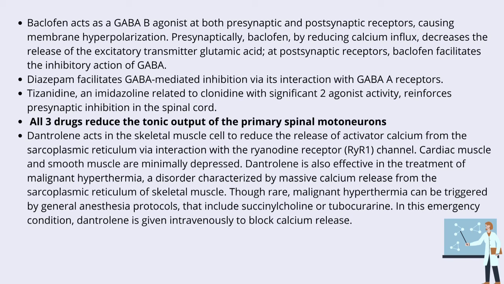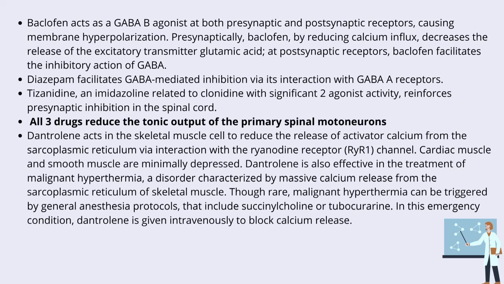At postsynaptic receptors, baclofen facilitates the inhibitory action of GABA. Diazepam facilitates GABA-mediated inhibition via its interaction with GABA-A receptors. Tizanidine, an imidazoline related to clonidine with significant alpha-2 agonist activity, reinforces presynaptic inhibition in the spinal cord. All three drugs reduce the tonic output of the primary spinal.